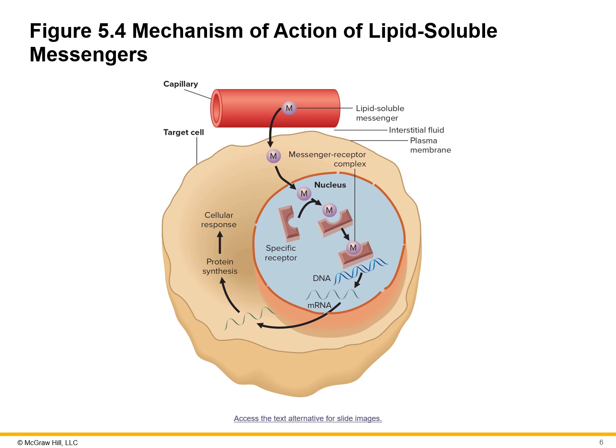Again, it takes longer because we've got to diffuse through the plasma membrane, diffuse through the nuclear membrane, attach to our receptor, start the process of transcription, which takes time, start the process of protein synthesis, which takes time, before we get to a cellular response. So those are lipid-soluble messengers.